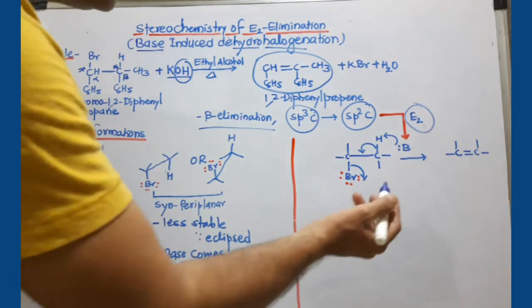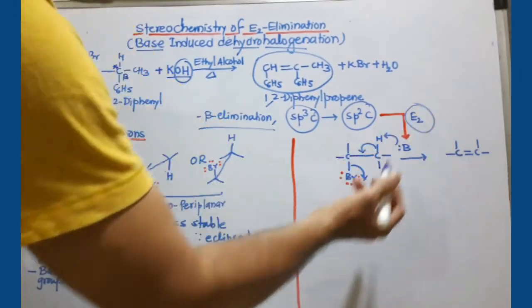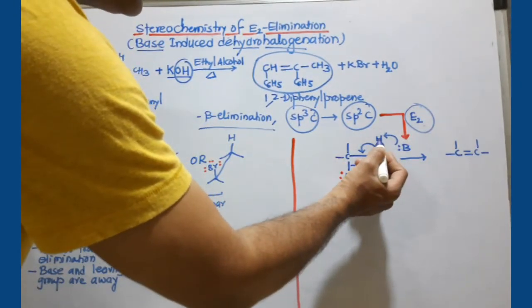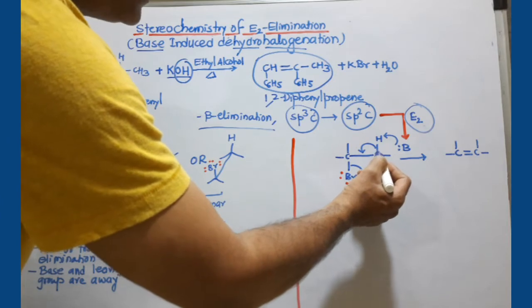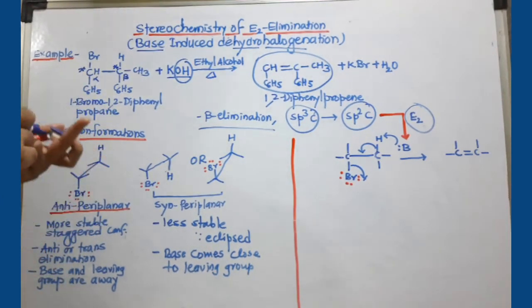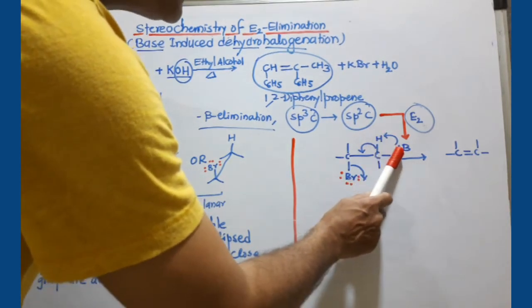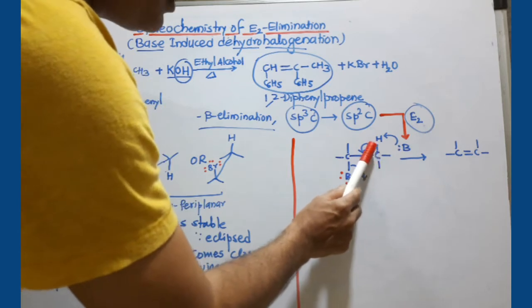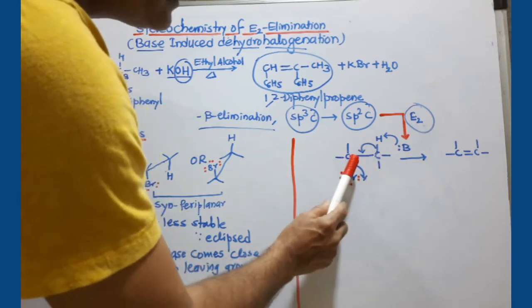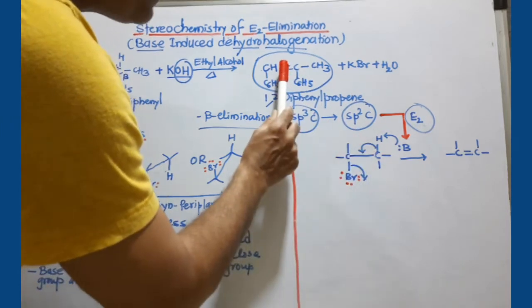Okay, now see what happens during this bimolecular elimination. The base is actually removing a proton from the beta carbon. So in our substrate, we must have at least one beta hydrogen. This is a condition. When this base is removing this proton by using its lone pair, the bond of the proton moves in between the beta and alpha carbon to produce this pi bond.